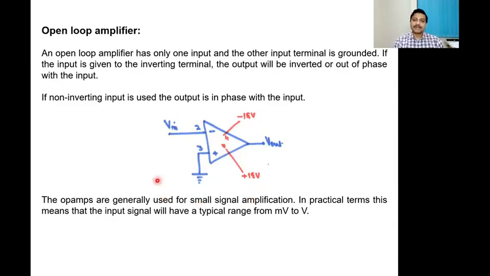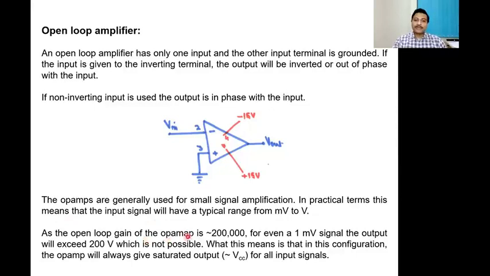So these op-amp circuits are small signal circuits. What do we mean by small signal? In practical terms, this means that the input signal will have a typical range from millivolts to volts. So that's our working input source. We can take a few millivolts input signal, or a few hundred millivolts, or about a volt, these kinds of magnitudes.